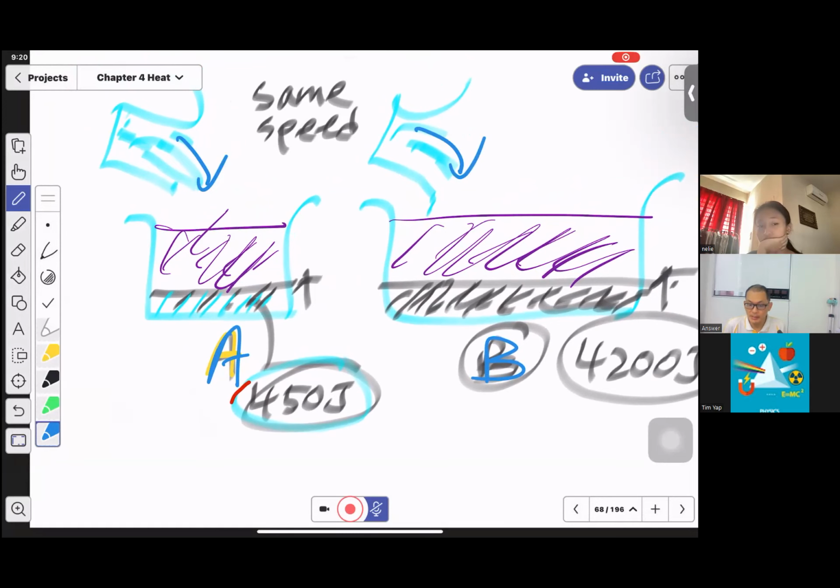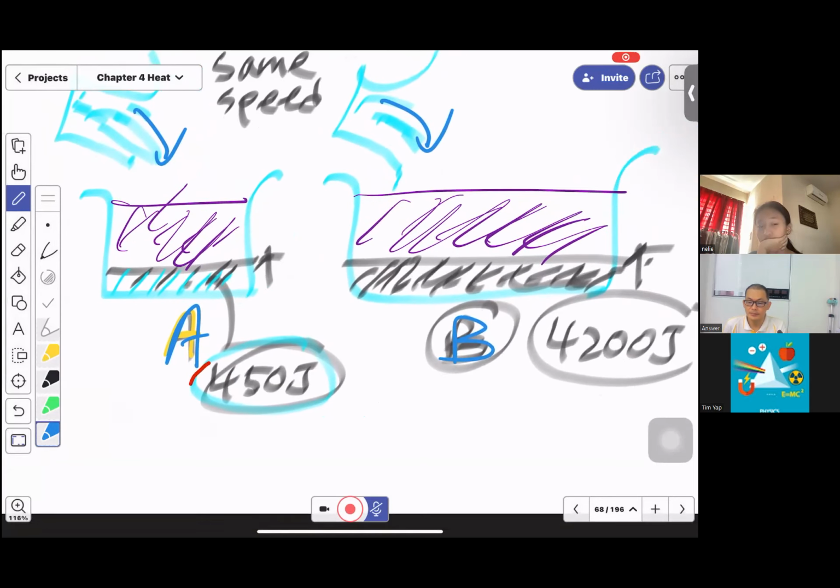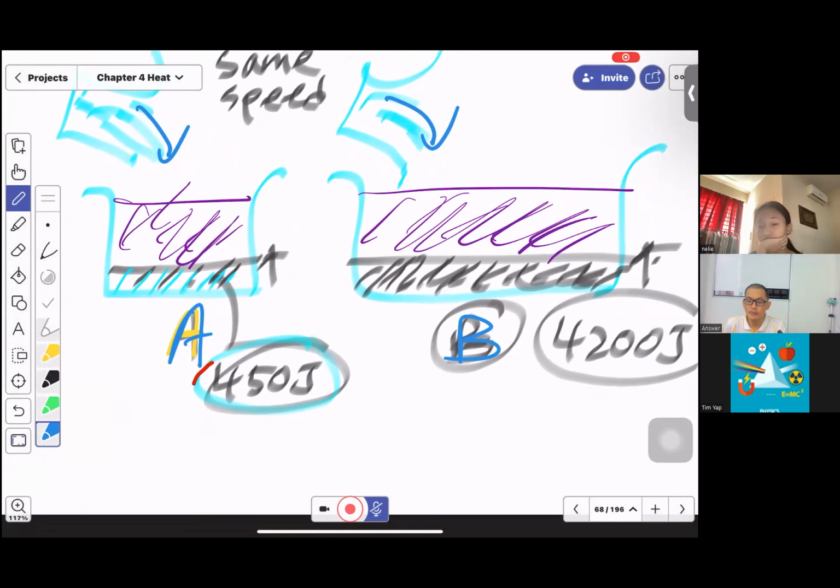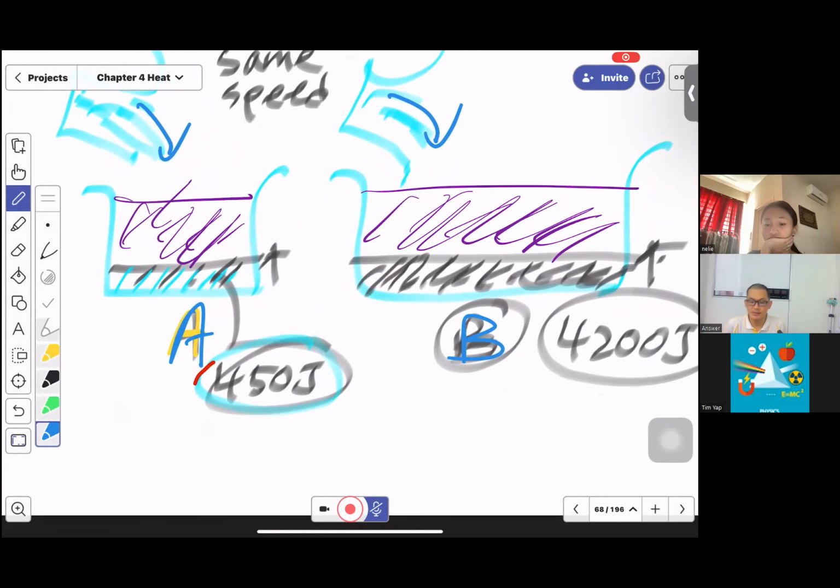Now you see, which one will rise up faster? Container A or container B? The water level will rise up faster, A or B?